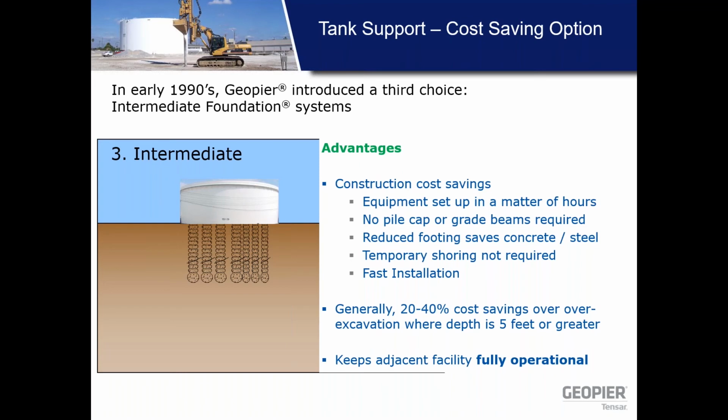Oftentimes, it's about 40% reduction in the cost when you install Geopier foundation versus over excavation greater than 5 feet for these tank areas. And another benefit is you can install Geopiers without disturbing any adjacent functional or operational facility.